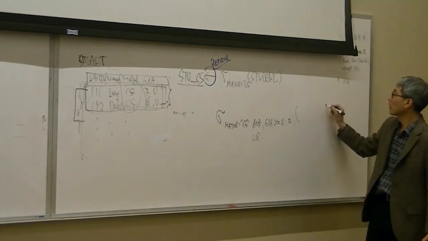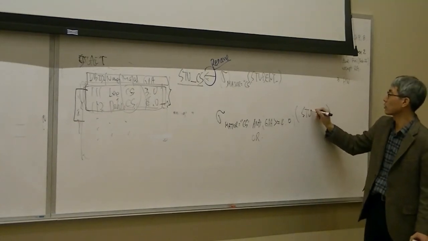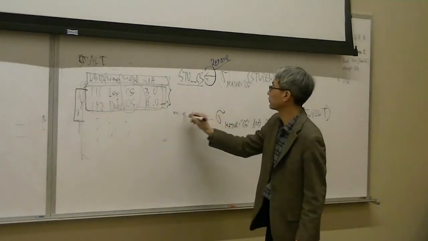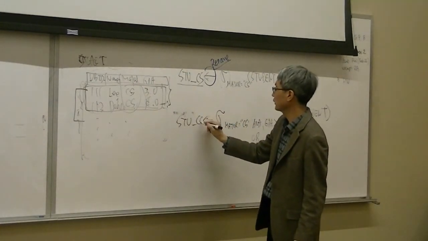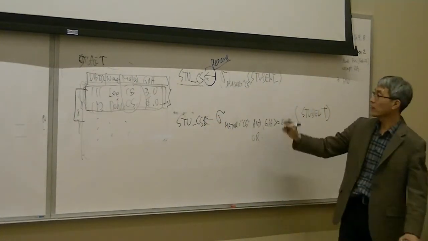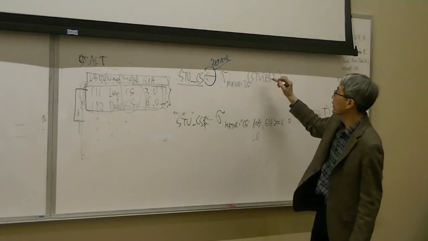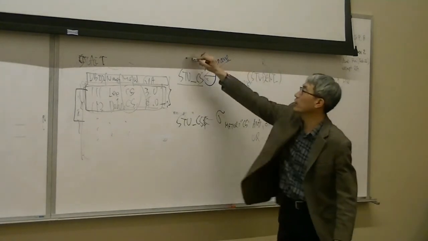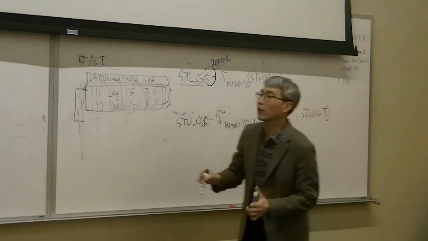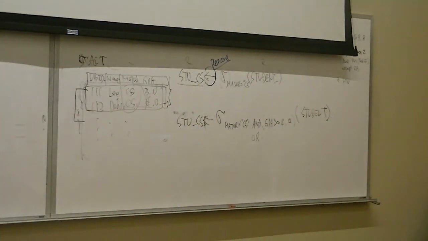Then the input is the relation student, and rename the final result CS4, like this. This may be possible because this is a relation and this is also a relation. So the input of the selection operation is a relation.